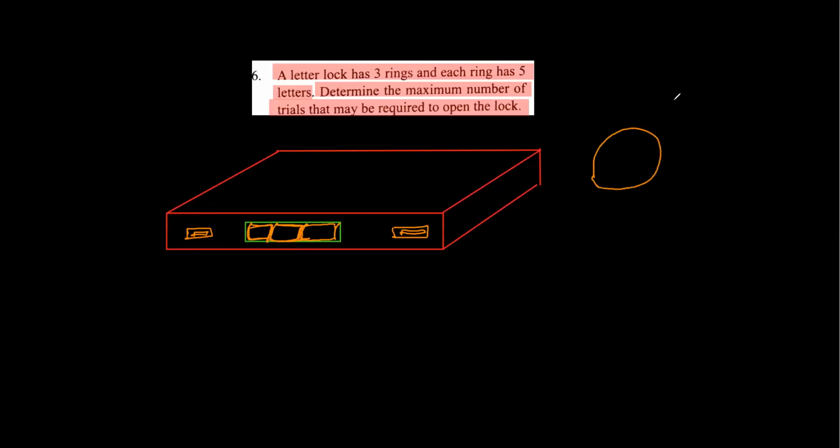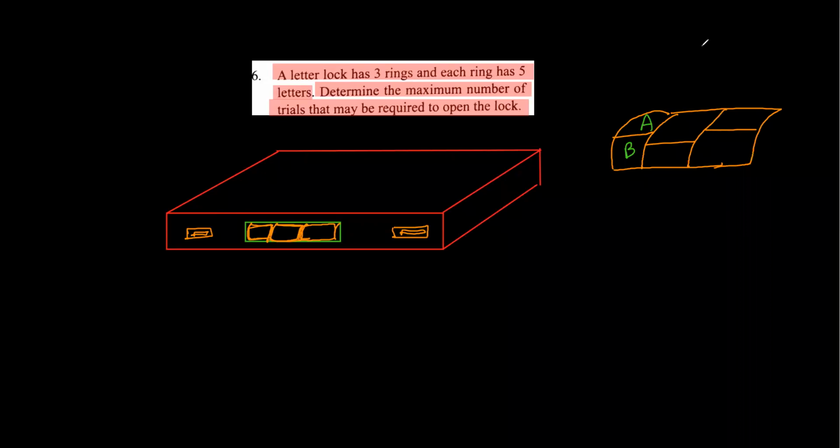So I shall make the rings here. They are saying that each ring has 5 letters in it. This is the first ring, this is the second ring and the third ring. Each ring has 5 letters. Suppose I have here A, B. What about C, D and E?